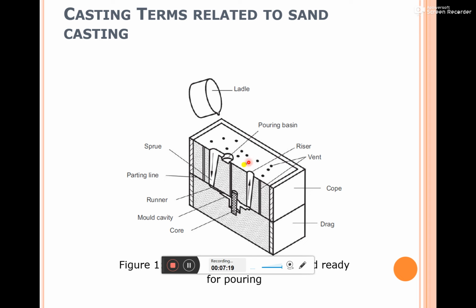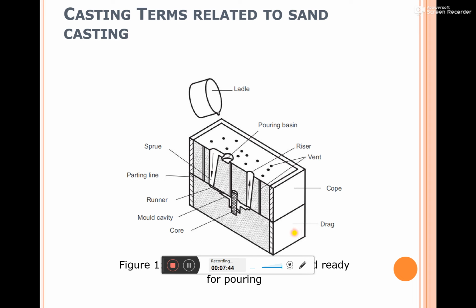So this is the diagram related to the sand casting process. In the sand casting process, you can see that there is one cope box and a drag box. The top one we call the cope box, and the bottom one is called the drag box.